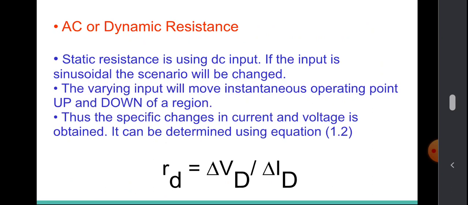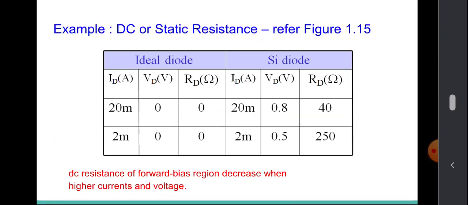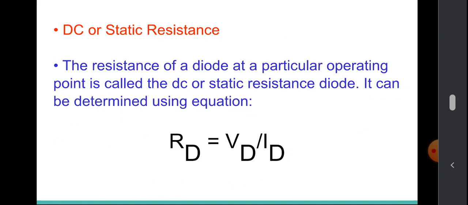Okay, so the difference between the equation of DC resistance and the AC resistance. In DC resistance, the symbol of the resistance is big letter R with a big letter D subscript.